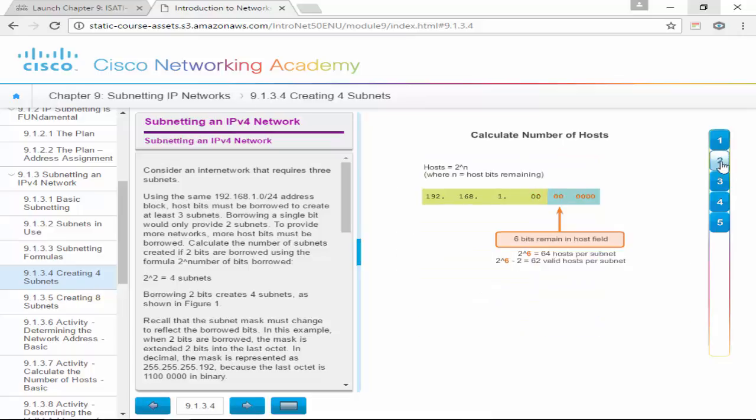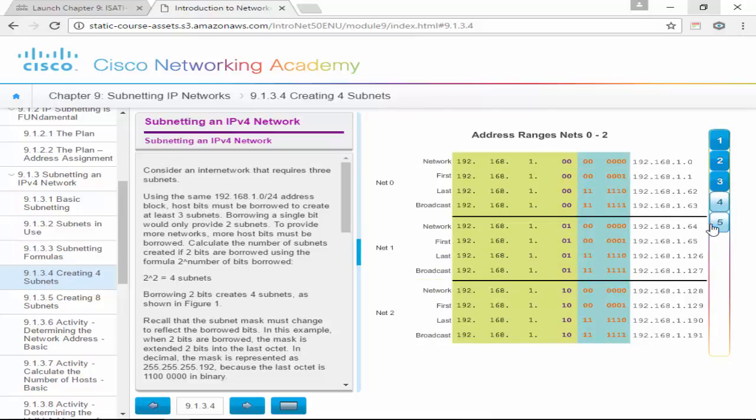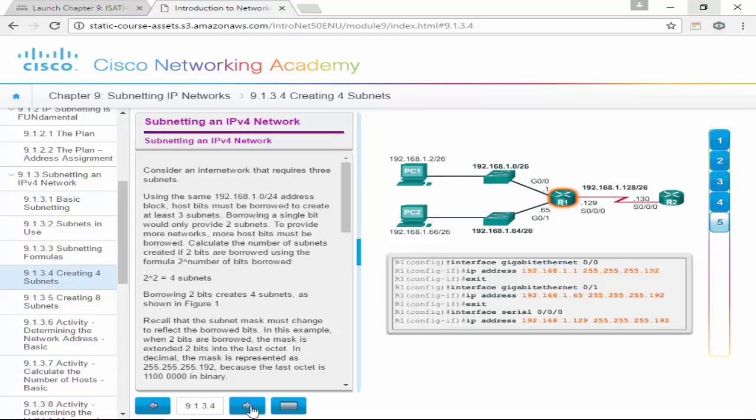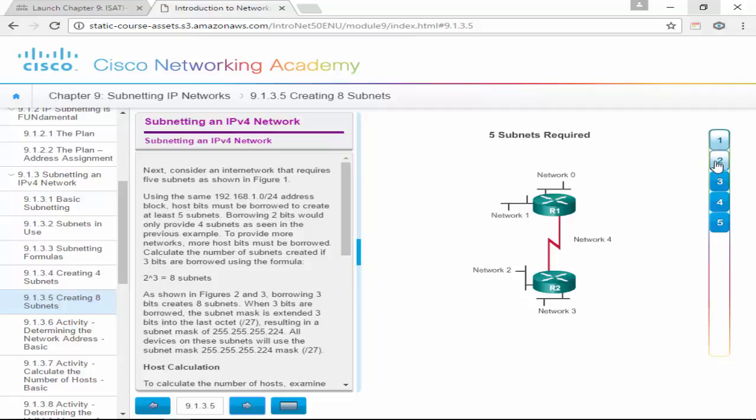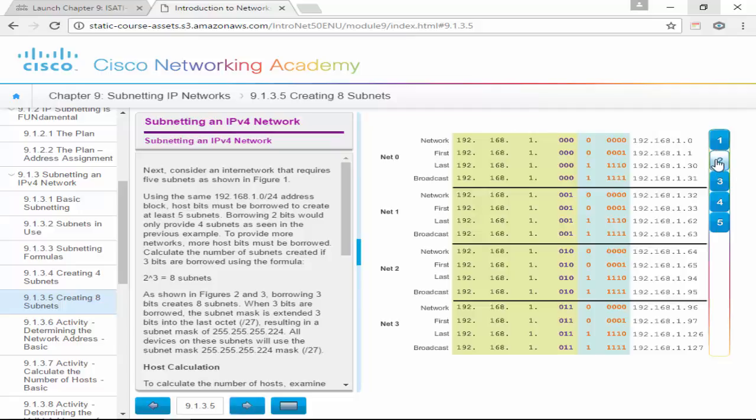Okay. And so hopefully that's making sense. Anyways. Now we're creating 8 subnets. Well, we already did this. It's 2 to the power of 3 gives us 8. Alright, so we borrow our network bits, go clear out 3 to 3, and we can find our network by having all zeros after the network number.